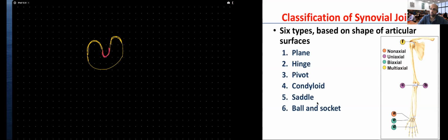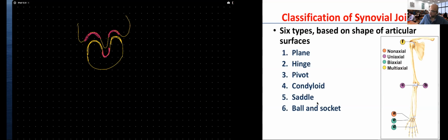So this is one articular surface, and this is another articular surface on here. You see, each of the two surface areas will have a concave part and a convex part.